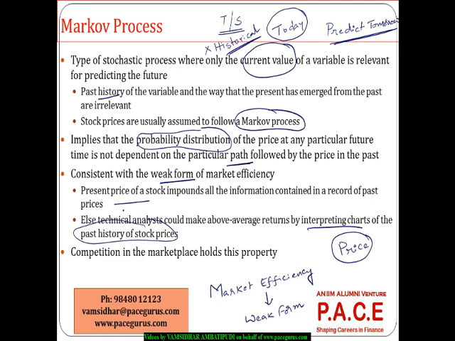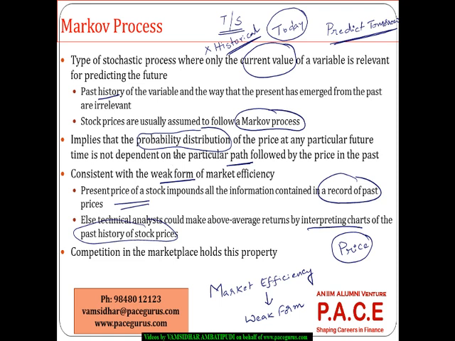The present price of the stock contains all the information that is the record of the past prices. So Markov property is very much consistent with the weak form efficiency of the market. So technical analysts will not be able to make abnormal positive returns, abnormal above average returns by just interpreting the charts and the past history of the stock prices.